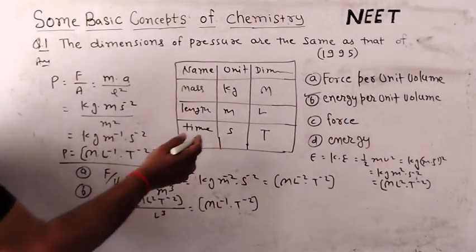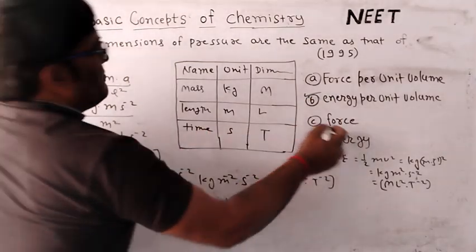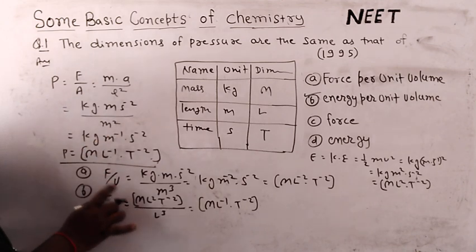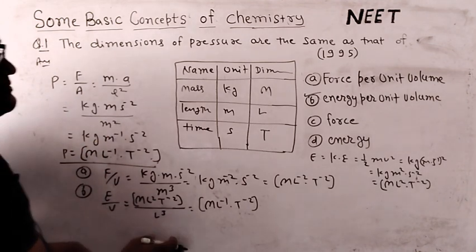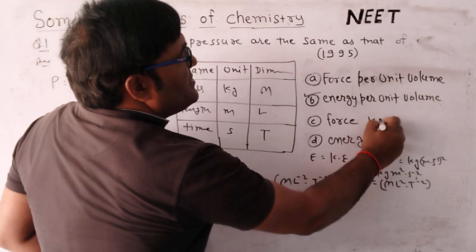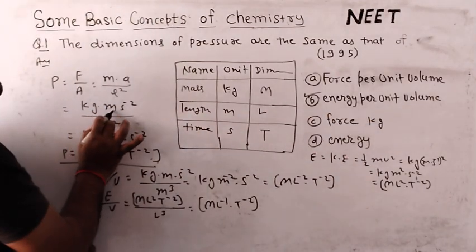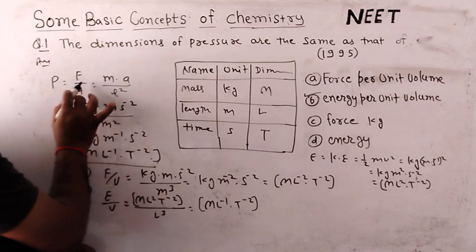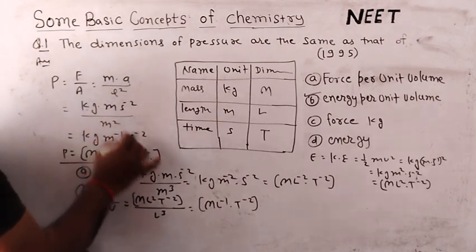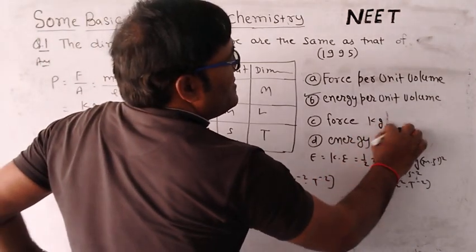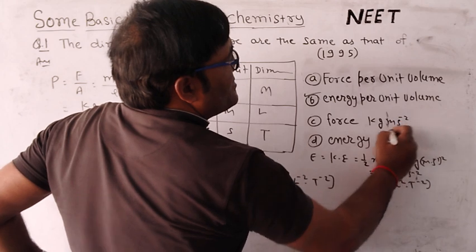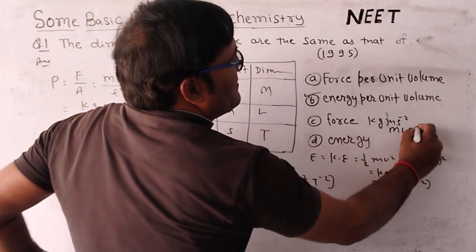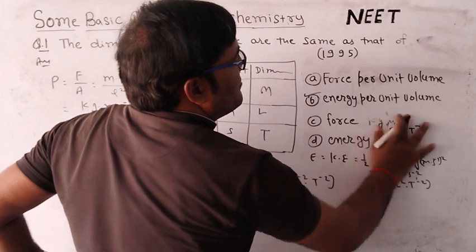Now we can check the dimension of force. Unit is kg meter. Here force F is equal to ma, kg meter per second square, and dimension is M L T inverse square.